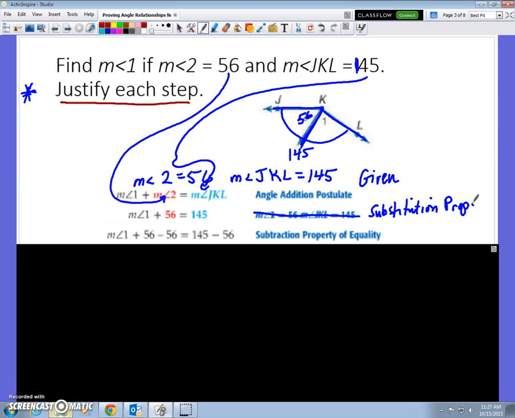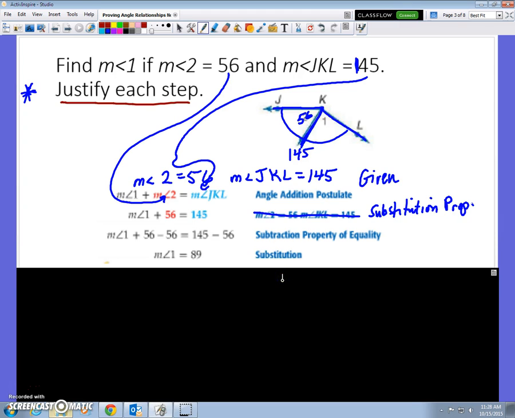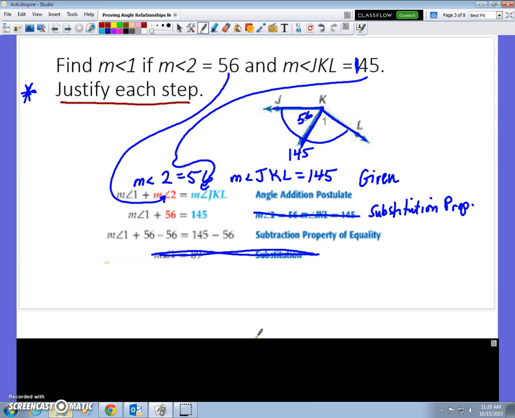Now we just have this nice equation. We're trying to solve for the measure of angle 1, so we're going to go through our steps. We're going to subtract 56 from both sides using the subtraction property of equality. Instead of skipping straight to the answer, we're going to use all those other little properties that we've been working on.